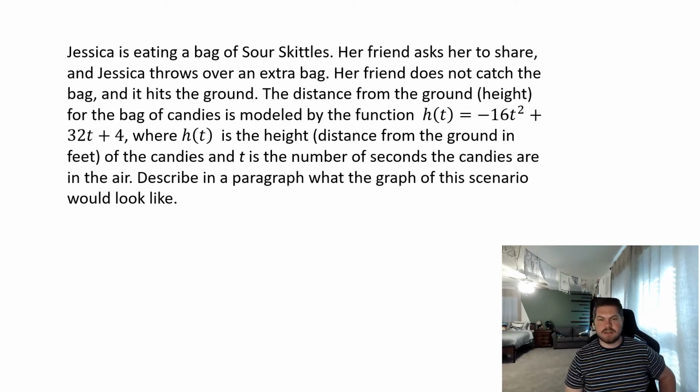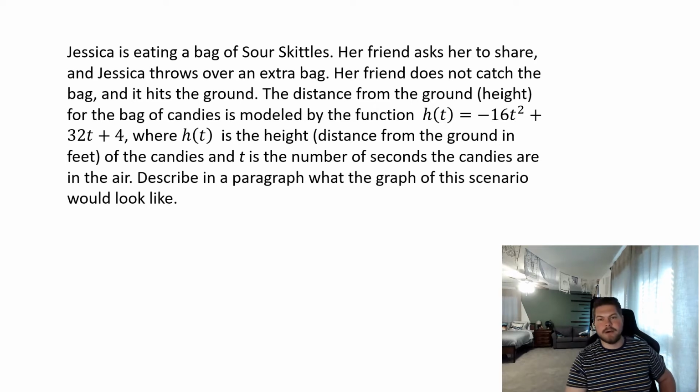The distance from the ground for the bag of candies is modeled by this function, h of t equals negative 16t squared plus 32t plus 4, where h of t is the height, or distance from the ground in feet, of the candies, and t is the number of seconds the candies are in the air. Describe in a paragraph what the graph of the scenario would look like.